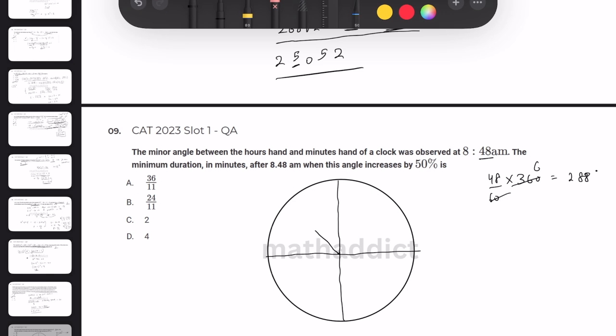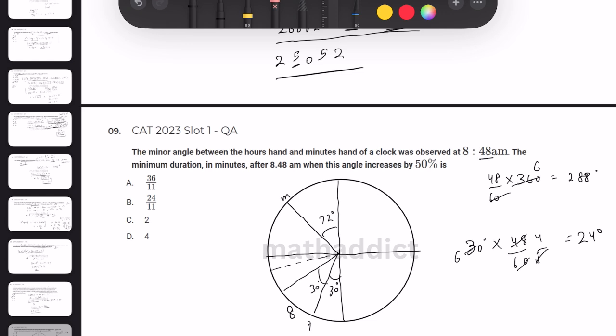So this minute hand is here, and this major angle is 288 degrees. This is the minute hand. The hour hand should be, so this 30 degrees is 7, this 30 degrees is 8, and of the next 30 degrees the hour hand has covered a fraction of 48 by 60, which is 4 by 5, which is 24 degrees.